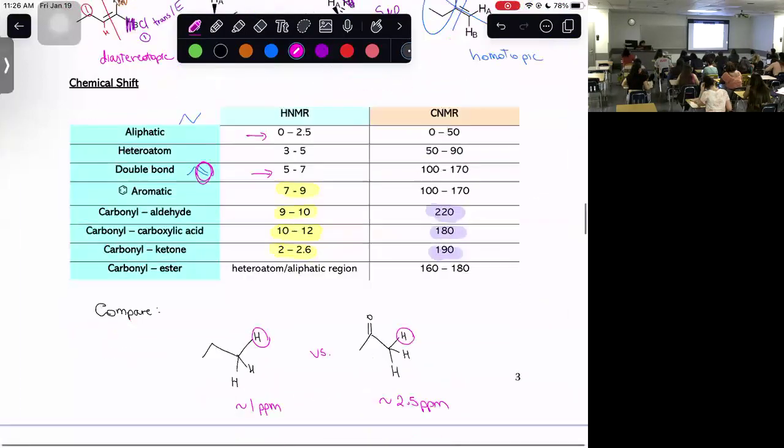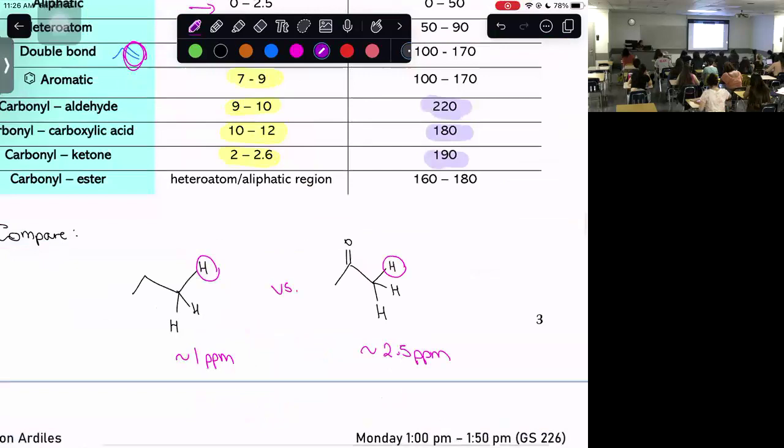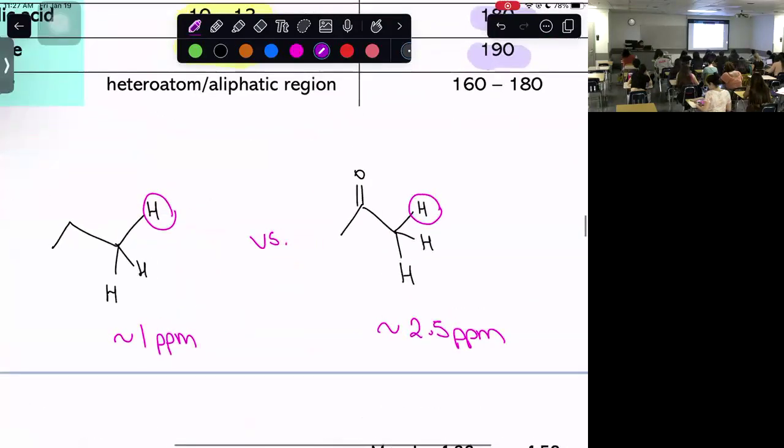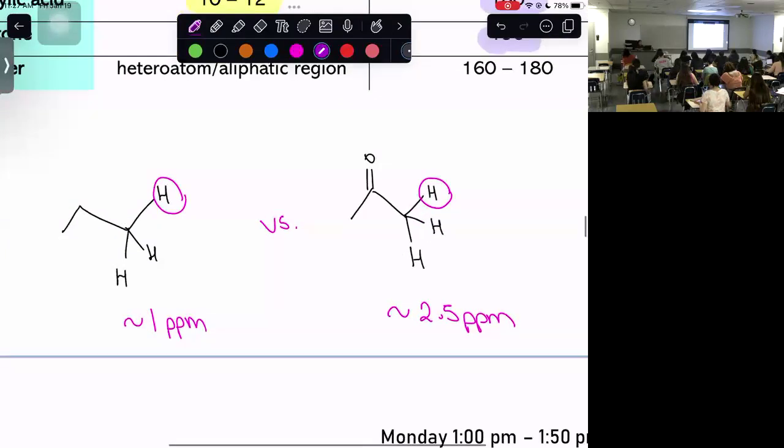And now, the one that I want to talk about is to compare these two molecules here at the bottom. I gave you already their approximate chemical shift, but you guys have to understand the concepts behind them. So the left one is just a normal carbon chain. So this is just your aliphatic region. Now, the next one on the right, what kind of functional group is that? That's a ketone.